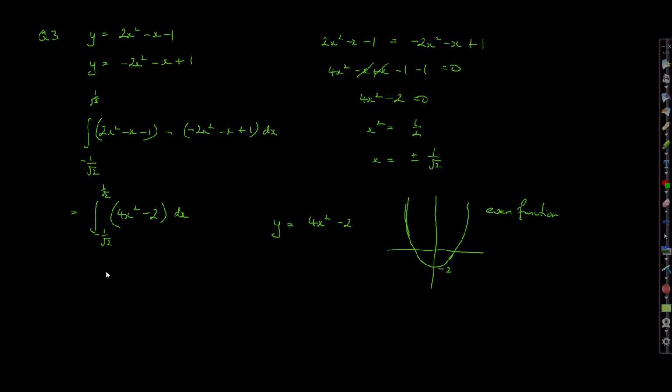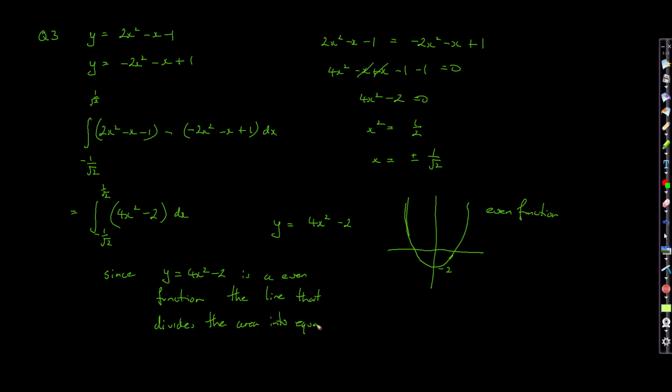So what you can say then is that since y equals 4x squared minus 2 is an even function, the line that divides the area into equal halves, I suppose the vertical line, is x equals 0.